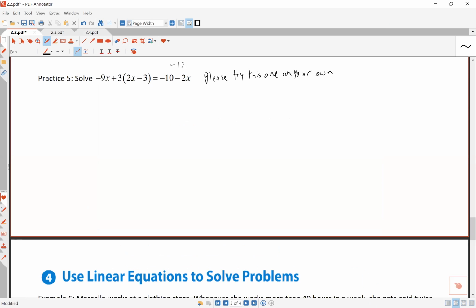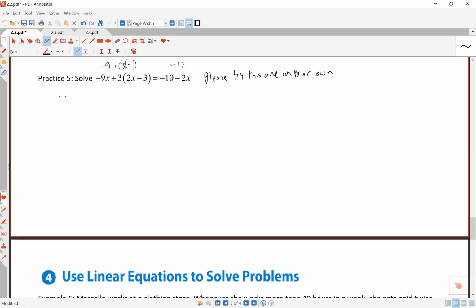And 1 times 2 is 2 minus 3 is negative 1 times 3 is negative 3. And 1 times negative 9 is negative 9. Yeah, that works. Negative 9 plus negative 3 is negative 12.